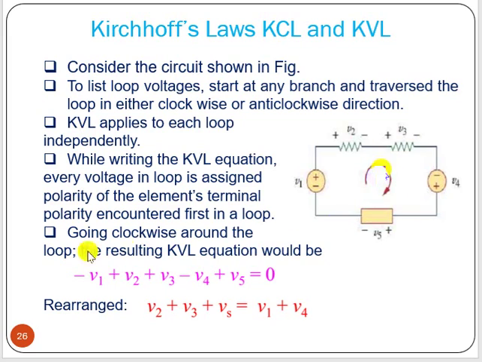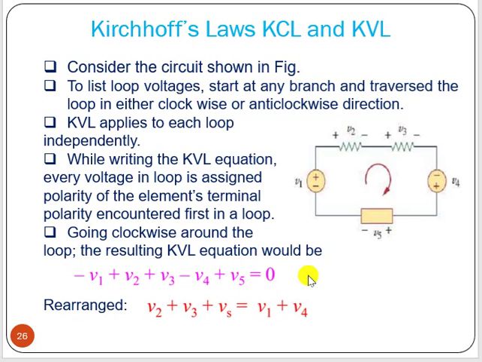So now here what we are doing is taking a clockwise direction of movement. If we move clockwise, what will happen? We will encounter minus, so minus V1. If we go clockwise, you encounter plus V2, then plus V3, then minus V4, then again plus V5.